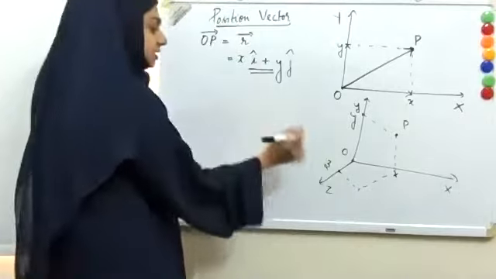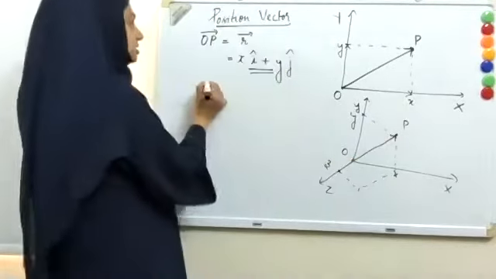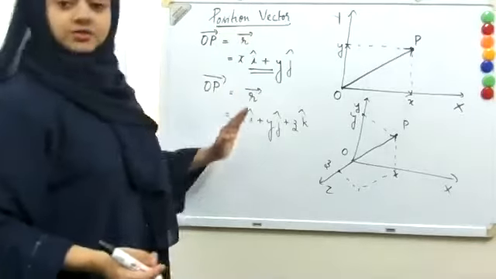Then I can represent this position vector OP, again conventionally with the letter R, as equal to x i plus y j plus z k.